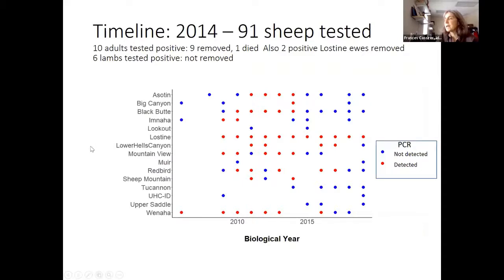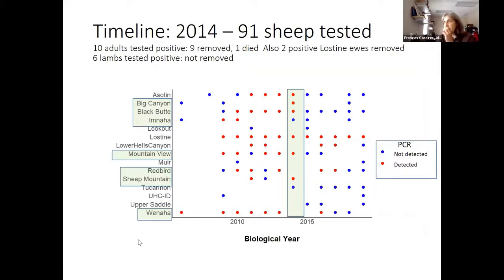Okay, the next few slides are going to be timelines of the MOV PCR status of different populations. In 2014, as I said, we moved into some of the populations elsewhere in Hells Canyon.